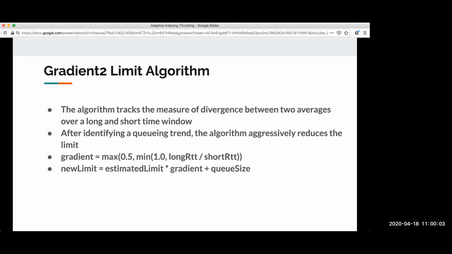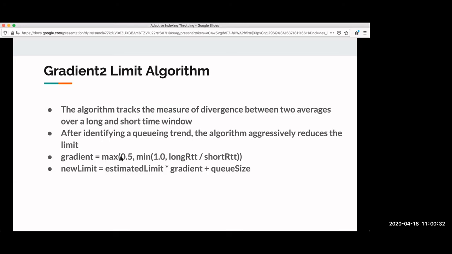Because it's a small window, the increase will be very sudden, and in the large window it will be very slow. So there will be a divergence as soon as we enter a load state. This algorithm looks out for the divergence in the two averages, and as soon as it realizes we are entering a load state from a steady state, it will aggressively reduce the limit.